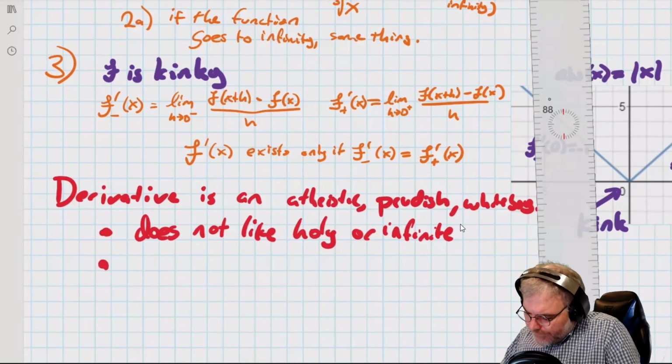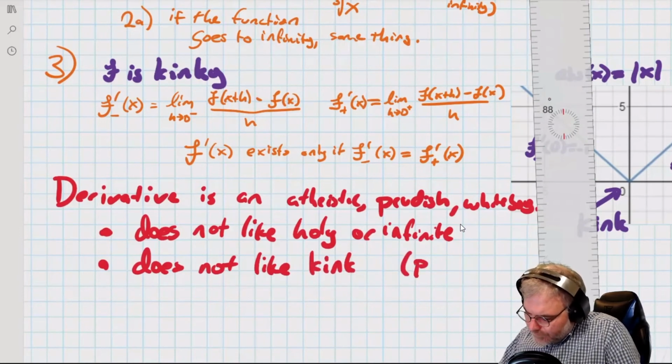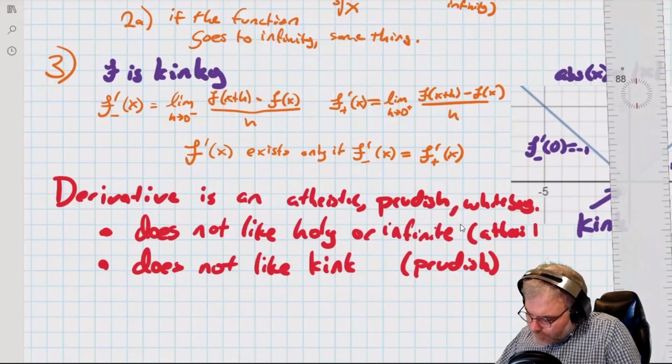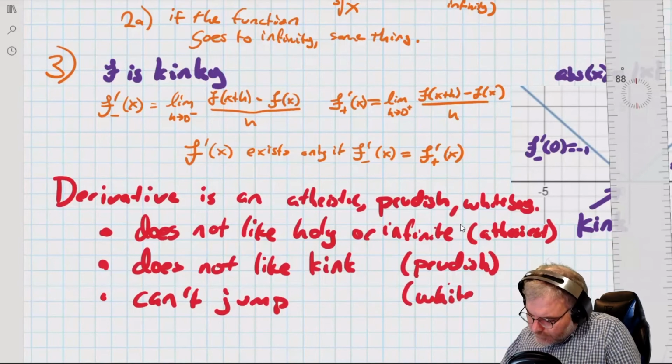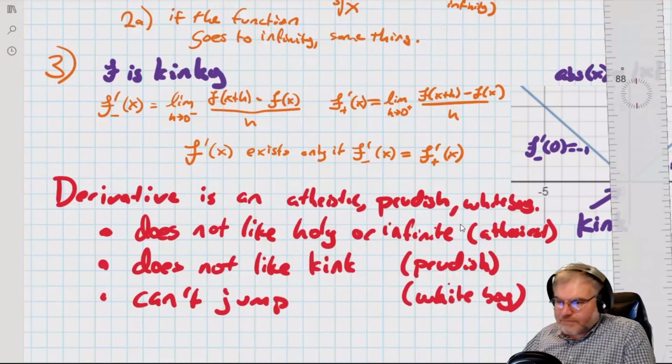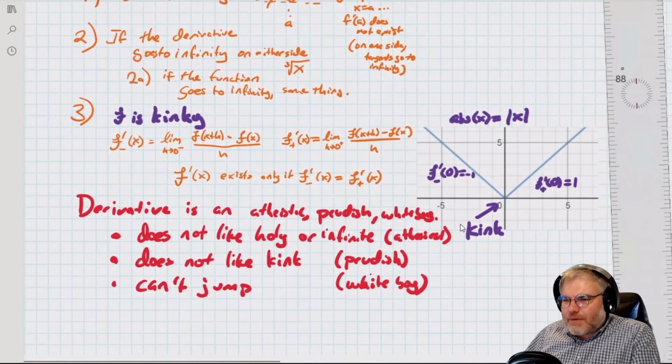He's prudish. Does not like kink. And he's a white boy. He can't jump. Okay? And that's what you need to remember.